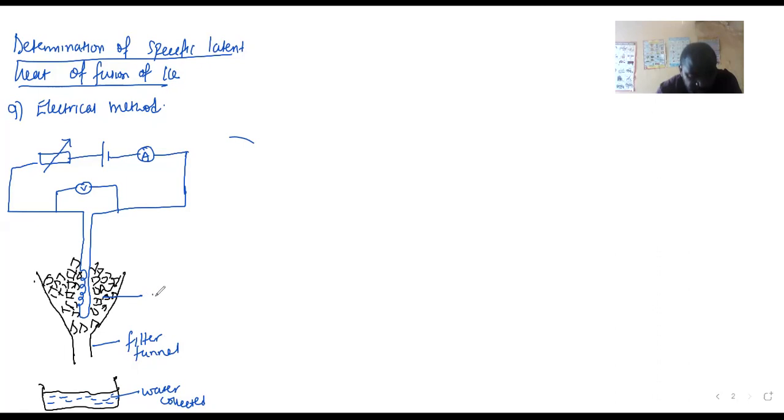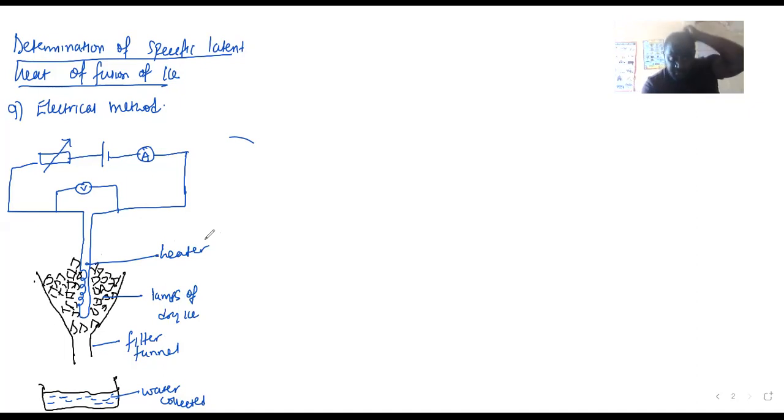This is lumps of dry ice. And this is our heater. And with this, we can see that the setup shows that the experiment is already working. And if the experiment is working, it shows that it is ready to be in action.